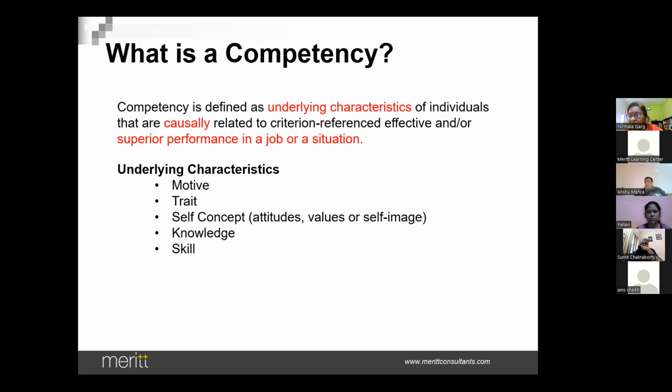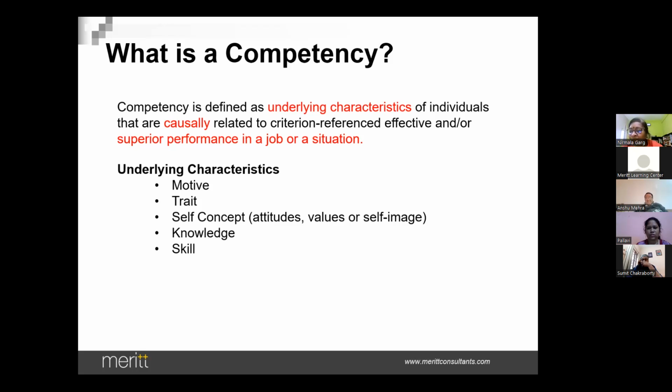I'm sure Anshu has a counselor there. What does a counselor do? He will counsel your employees, right? Whether it is mental issues or any conflicts or anything. Now, when I say criteria referenced, if he has these counseling skills, and for counseling skills, there is a very important behavior which is required, empathy.